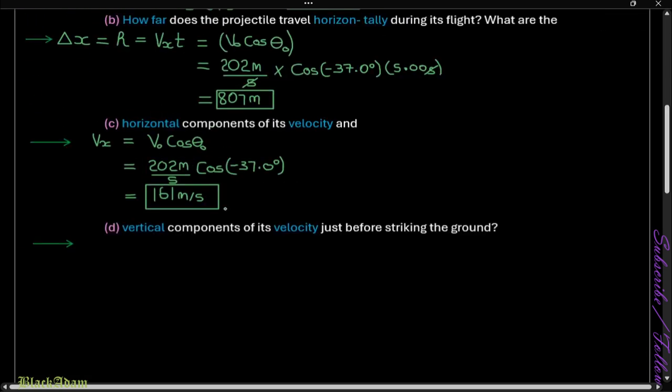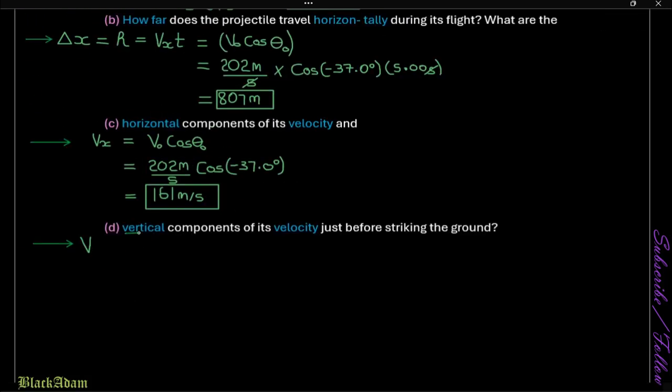And then we move on to the vertical component of velocity just before striking the ground. There we need to write the equation first. So Vy is going to be the initial speed multiplied by sine theta, minus g multiplied by t.